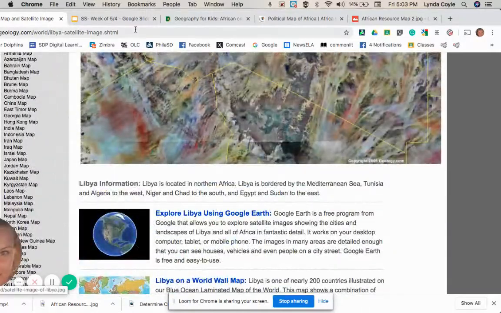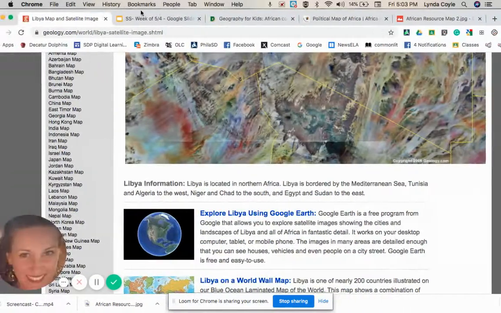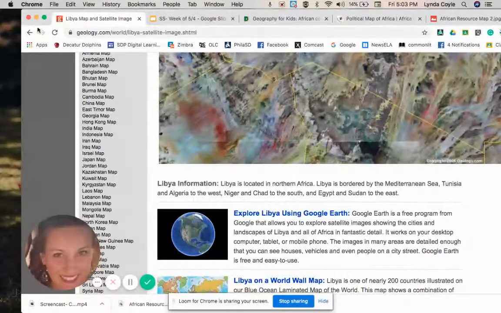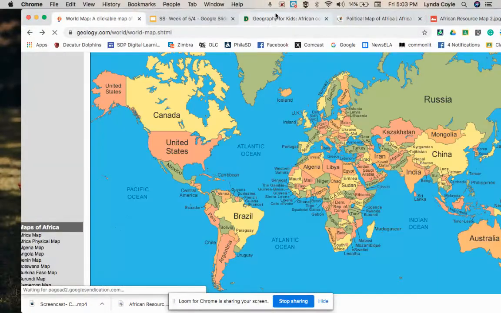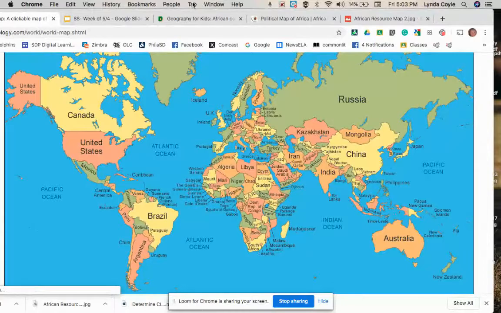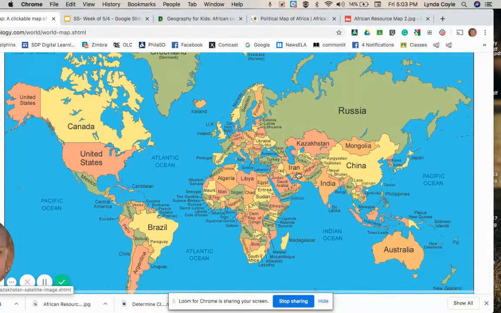So if you click on any one of those countries of Africa, you'd be able to get more specific information. It's pretty exciting. On our world map, Africa is surrounded by the Atlantic Ocean on the left side, and on the right side, the Indian Ocean, which is a very large ocean.